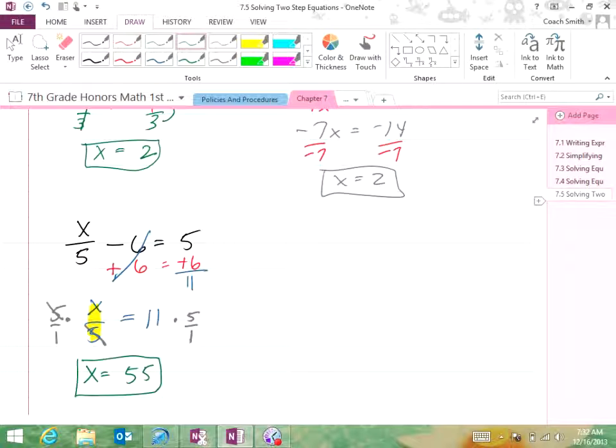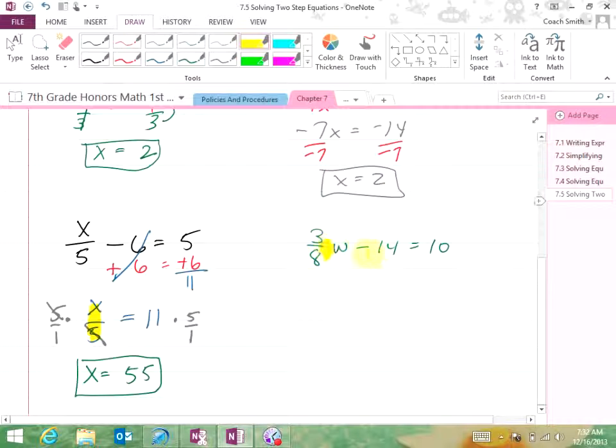All right, now, 3/8 W minus 4 equals 10. All right, now, we still have two operations.